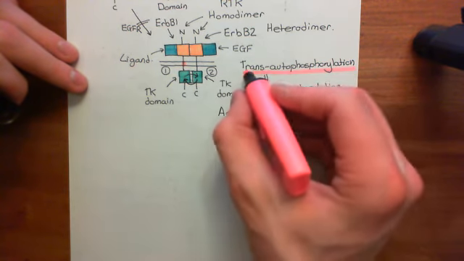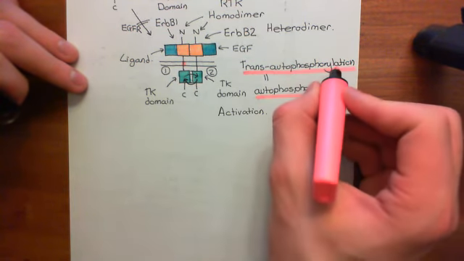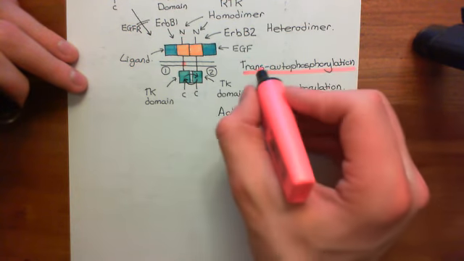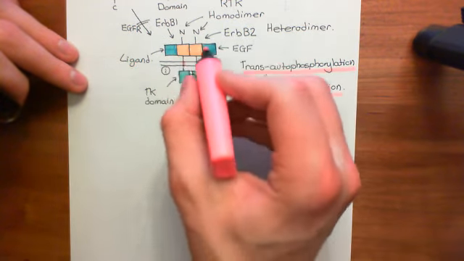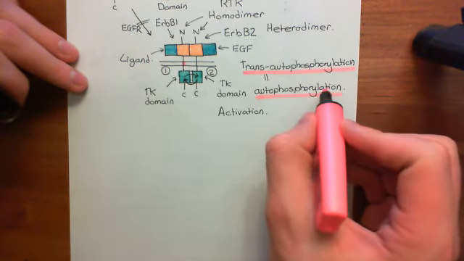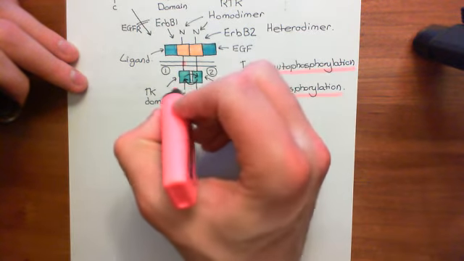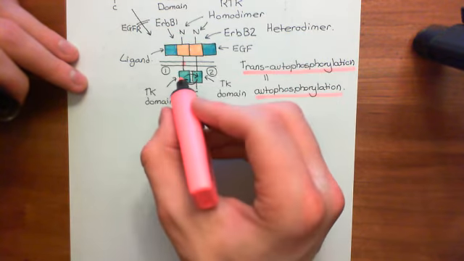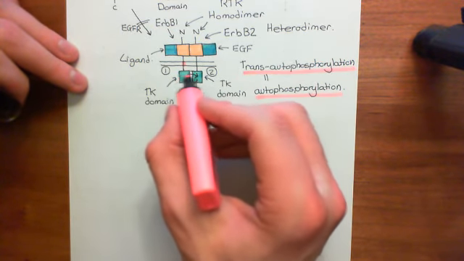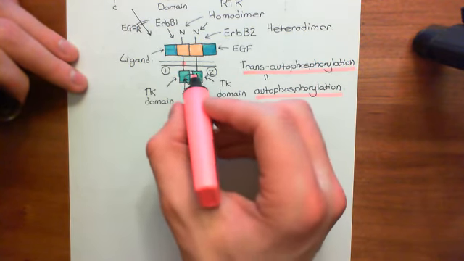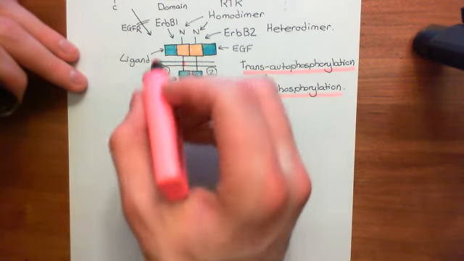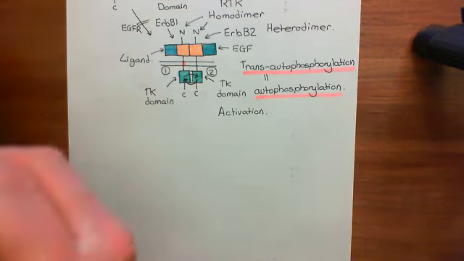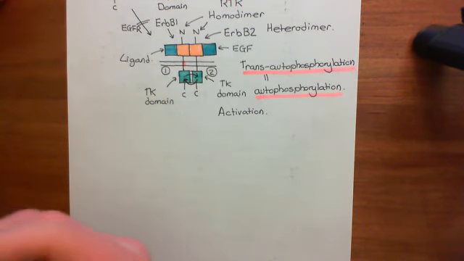Now, this is why transautophosphorylation is a slightly better name, because the reason it's called autophosphorylation is you view the dimer as being one structure now, and therefore the dimer is phosphorylating itself. These tyrosine residues are getting phosphorylated by the dimer's own domains, basically. Okay, so that's why it's called self-phosphorylation.